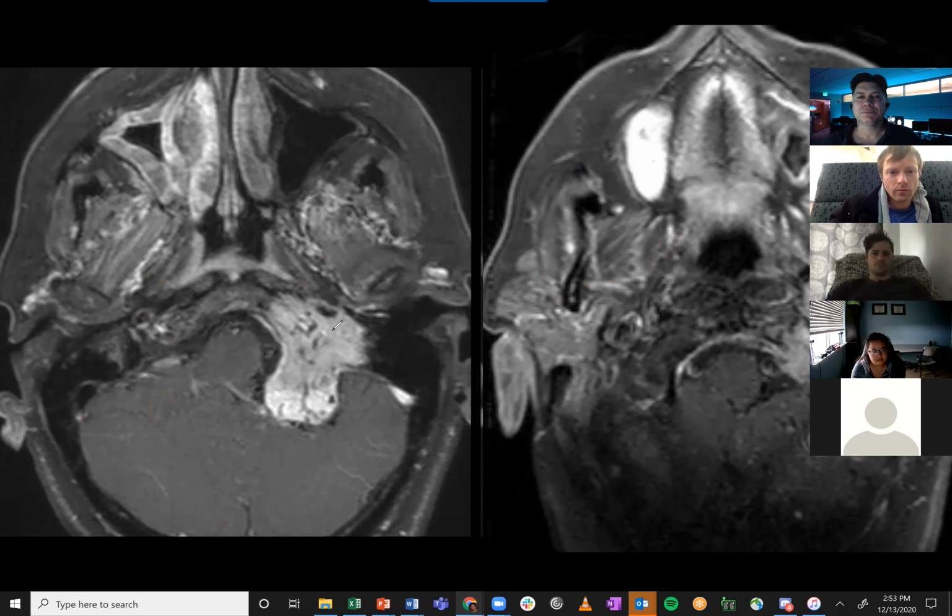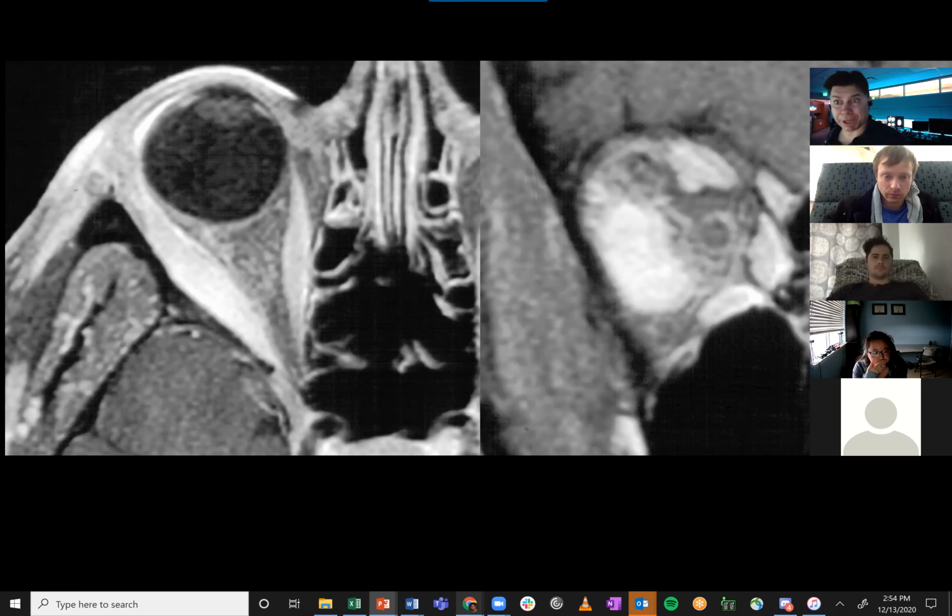It looks like the other muscles are okay, and there is some abnormal enhancement in the intraconal space. Right, the tissues around this thing are angry about it. So you have inflammatory, infectious type changes or something around there, right?